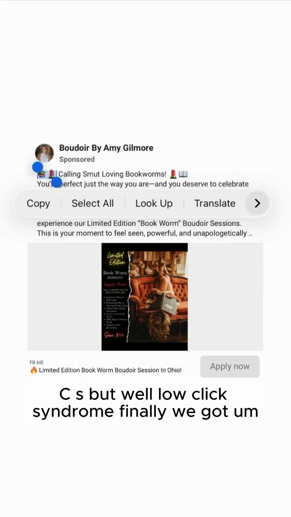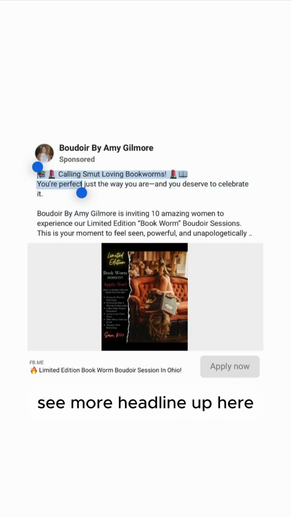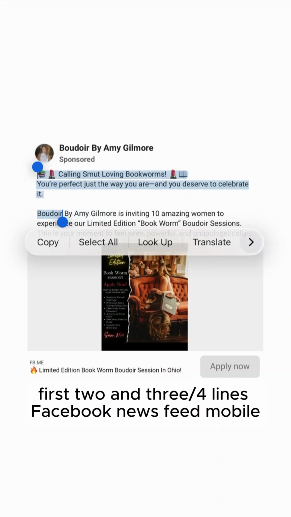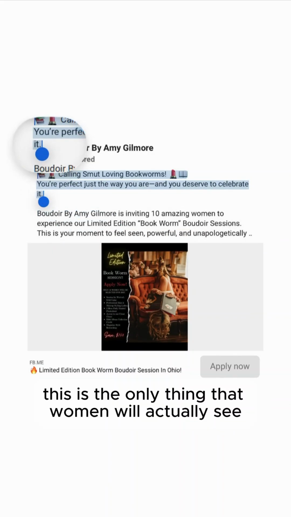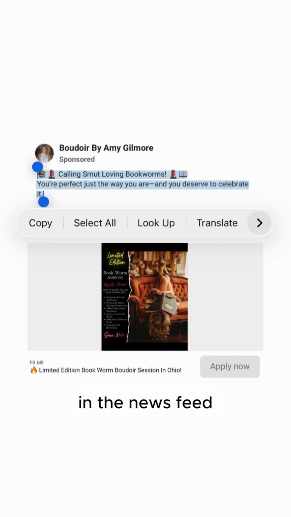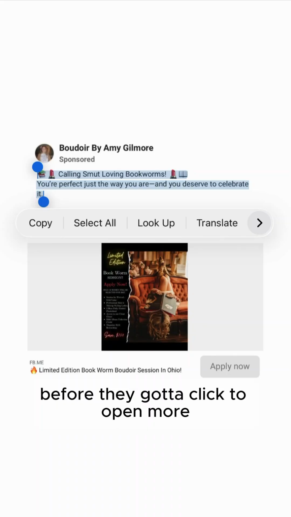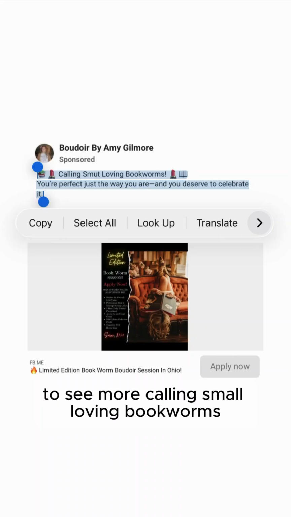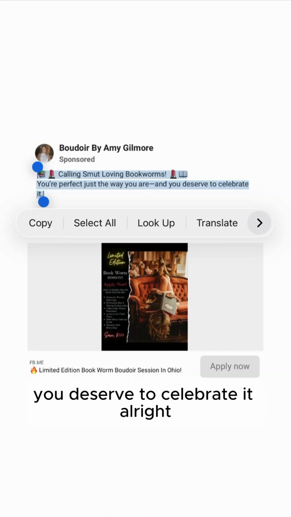Finally, we've got the see more headline up here. The first 2 3/4 lines in the Facebook newsfeed on mobile is the only thing that women will actually see in the newsfeed before they have to click to open and see more. It says, "Calling all small 11 bookworms. Just deserve to celebrate." All right, so small amounts of context here, but this is the lack of context mistake.